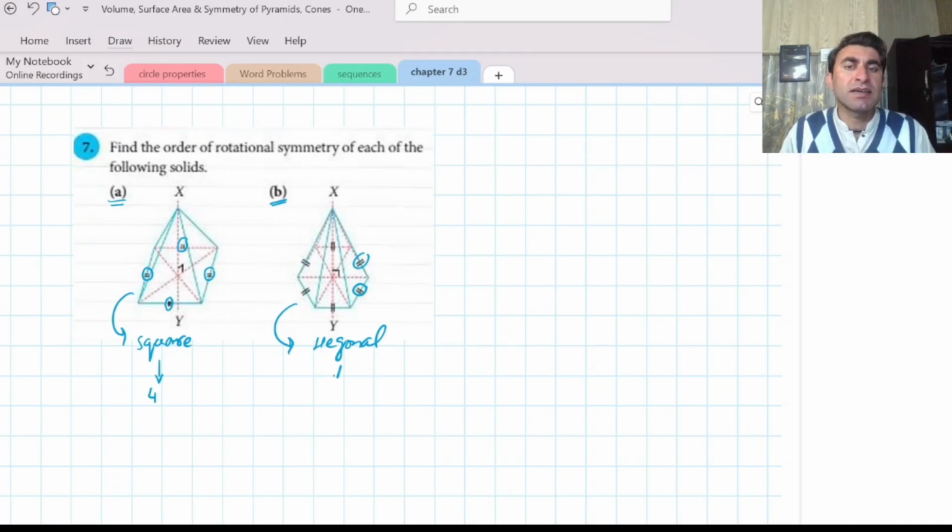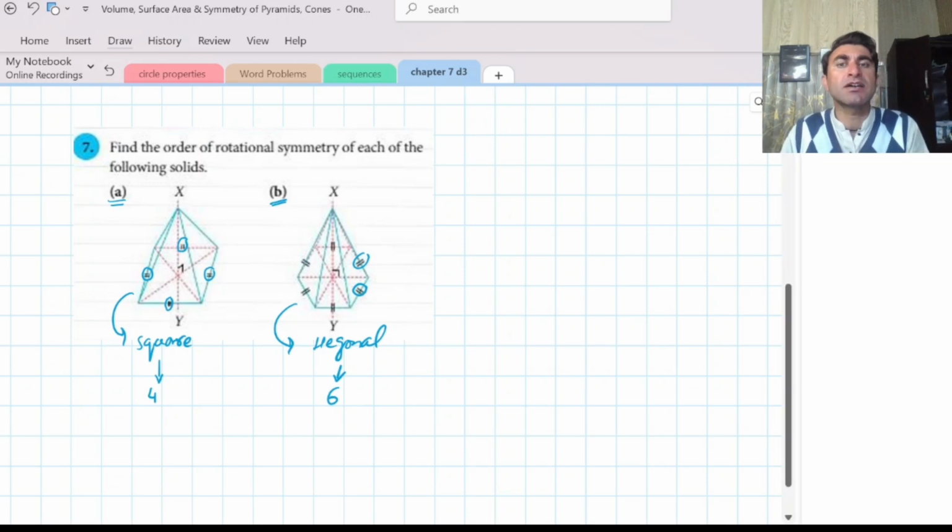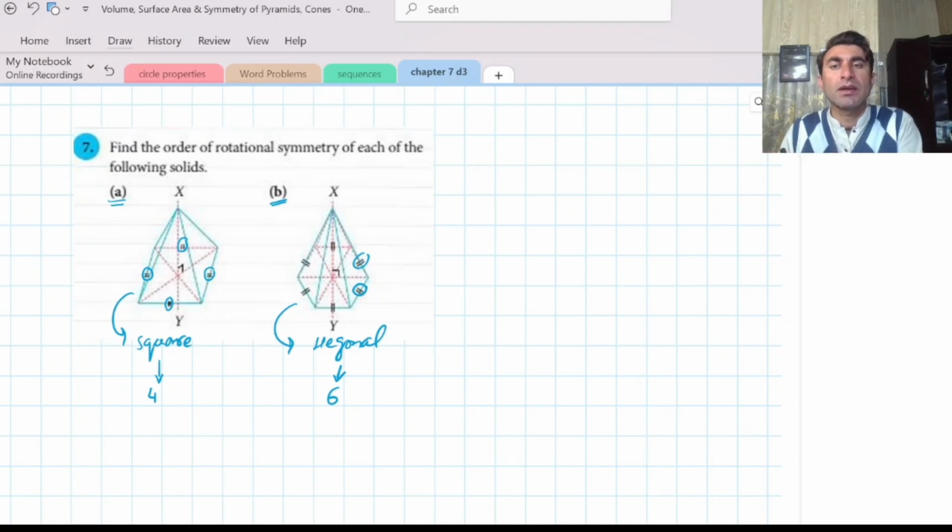As a hexagon has six sides, the order of rotational symmetry of a hexagon is 6, and the same is the order of rotational symmetry for a hexagonal pyramid. So the order of rotational symmetry for the first solid is 4, and for the second solid is 6, and that definitely depends on its base. Whatever the order of rotational symmetry of the base is, that is basically the order of rotational symmetry of the pyramid.